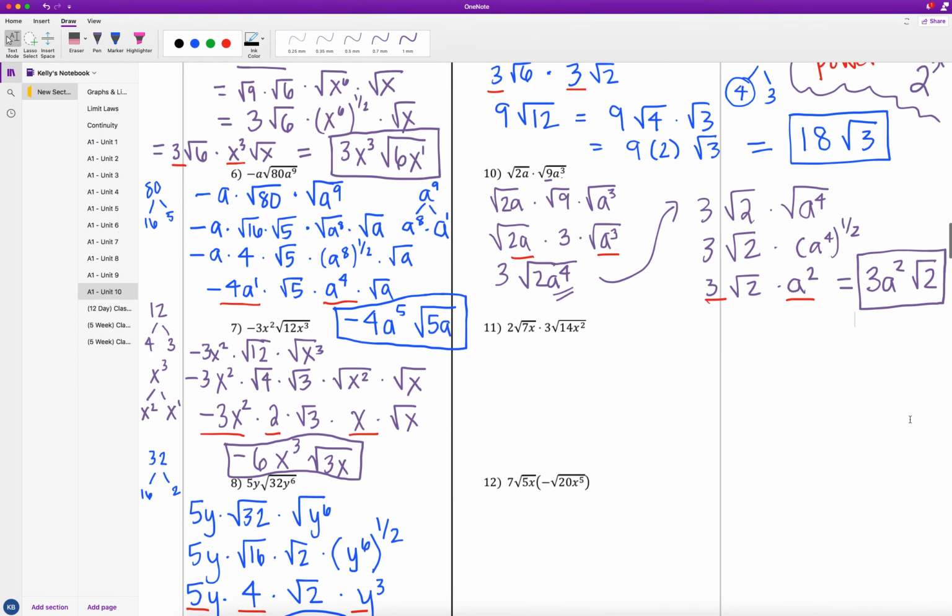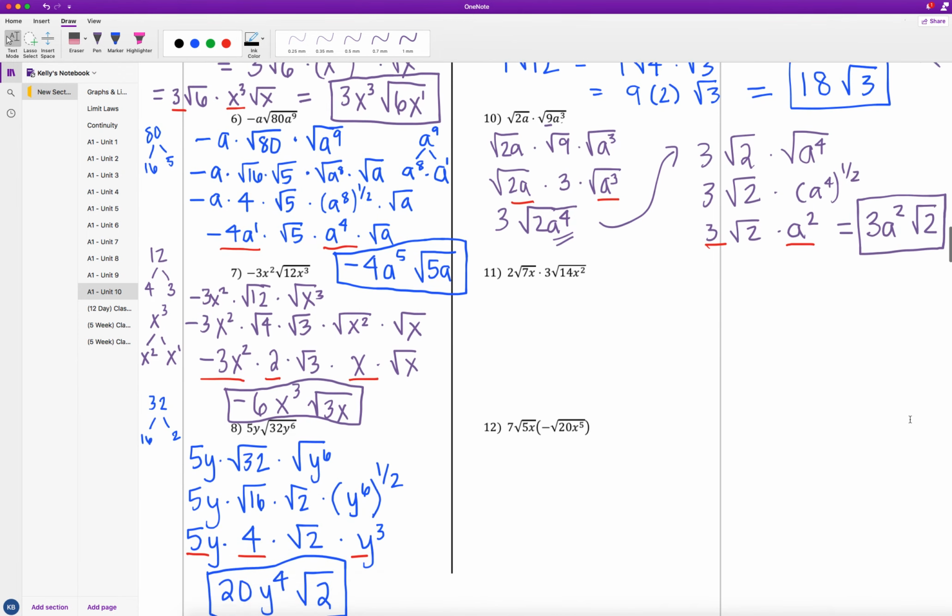Let's look at example 11. In example 11, we have 2 times the square root of 7x times 3 times the square root of 14x to the second. Right now, are there any perfect squares that you are noticing here? The one perfect square I'm noticing is this x to the second power. So I can break this apart.